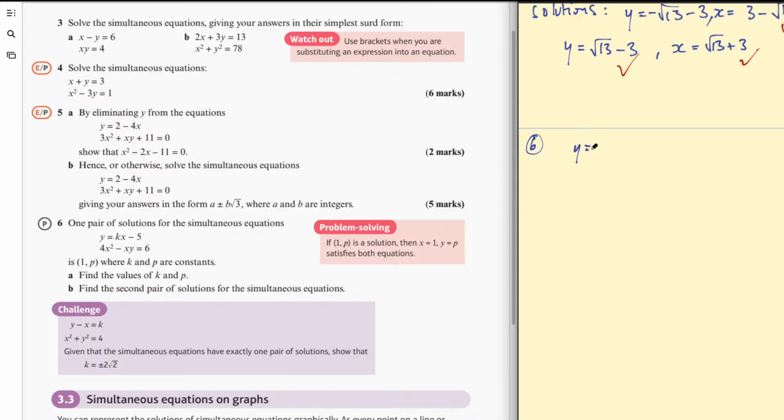We get y equal to kx take 5 and 4x squared take xy equal to 6. And then we have one solution, 1, p. So one solution is x equal to 1 and y equal to p.